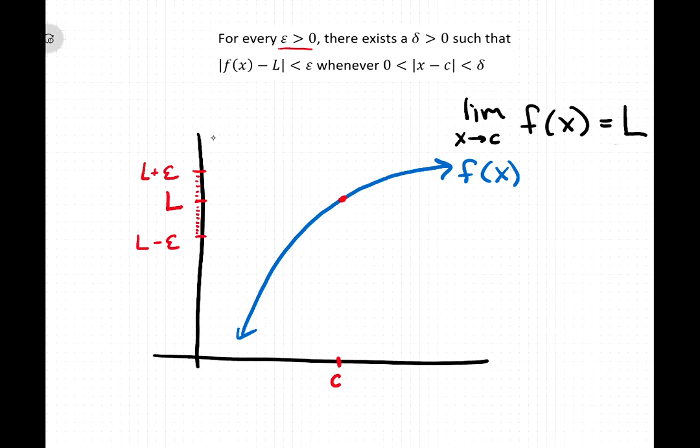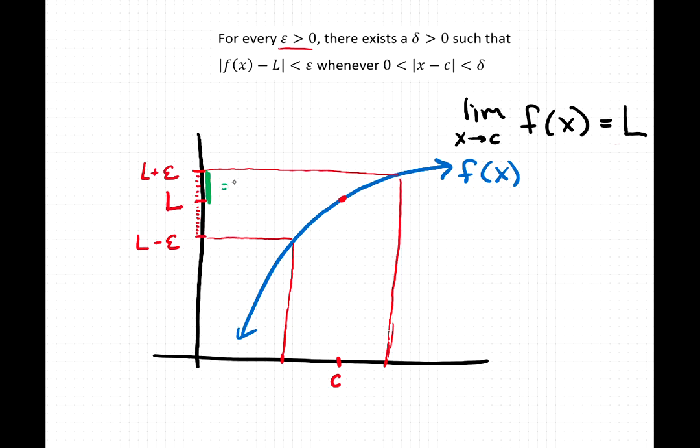I mean, we really only care about what's going on when delta and epsilon are very small numbers, but they could be anything. So what this is saying, once you pick epsilon, there exists a corresponding delta. Let's do this. So once I chose epsilon first, and epsilon is, let me use green here, epsilon is this distance.